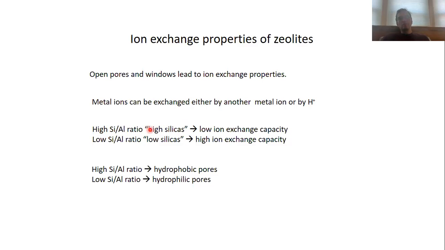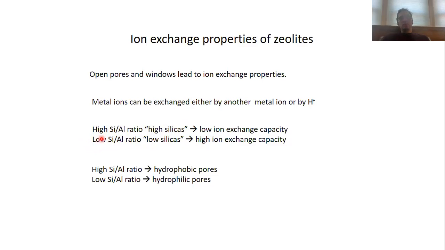We call these silicas high silicas. When we have a low silicon to aluminum ratio, then we have low silicas. However, remember that the Löwenstein rule holds. That means that the ratio can never be lower than 1:1.